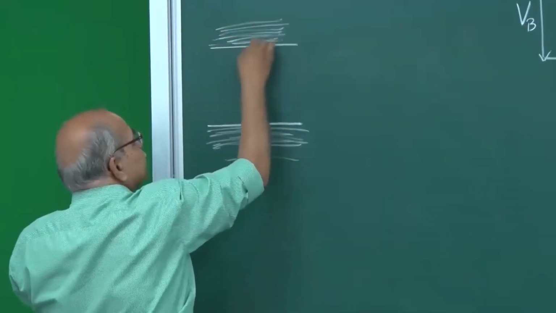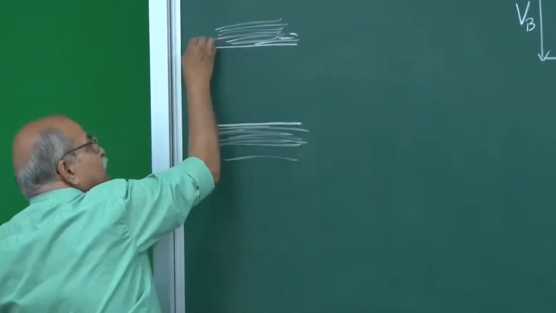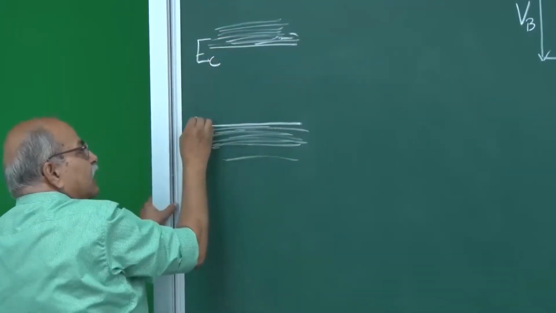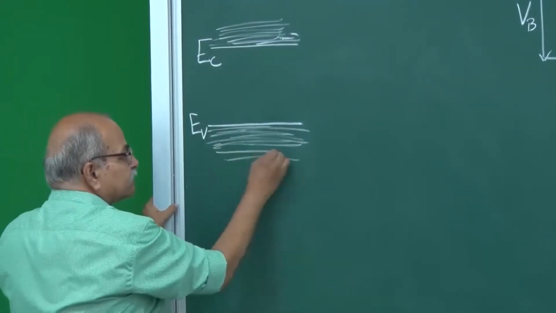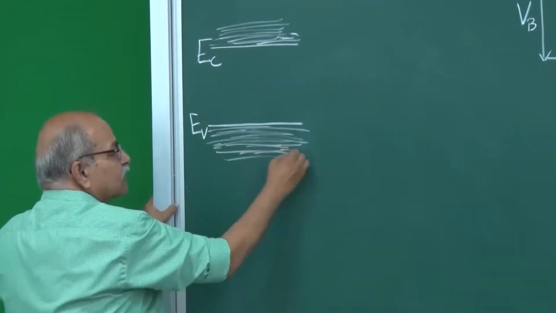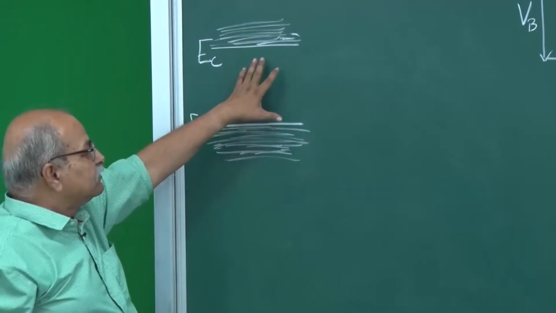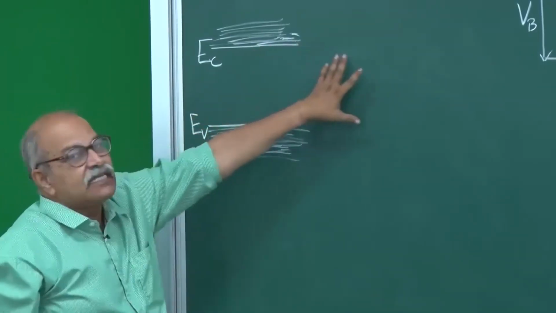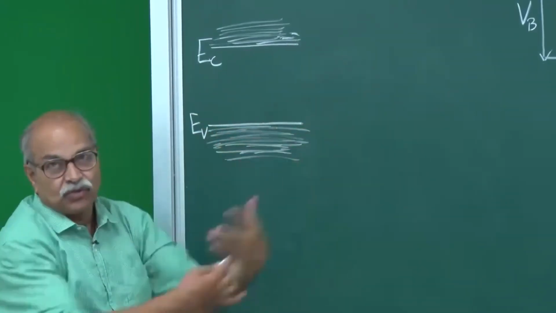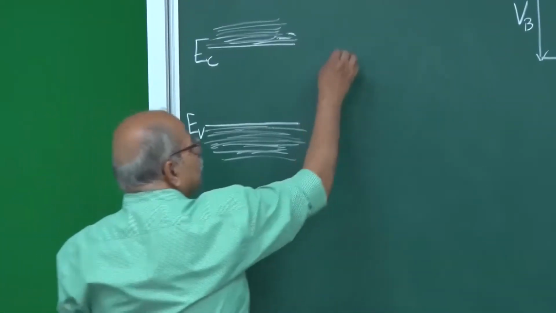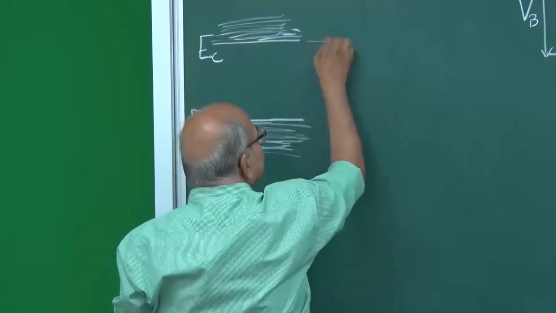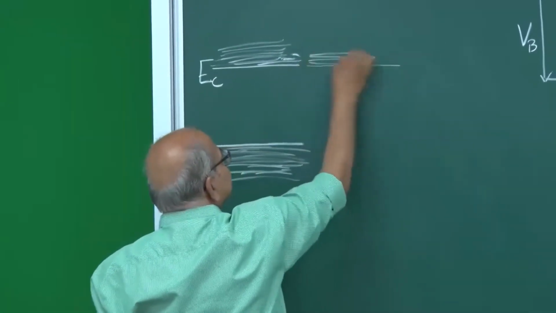So you have this bottom edge of the conduction band here and the top edge of the valence band here. Same is the case with p-type, same is the case with n-type if there is no crosstalk between them. So the other side also is like this, same.